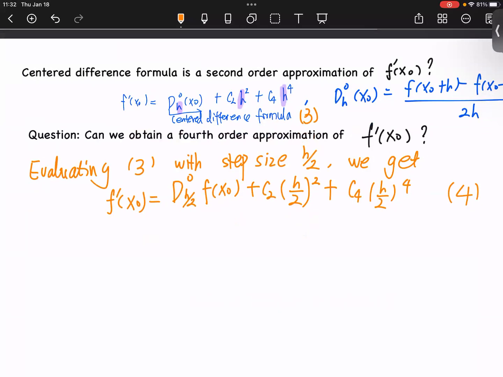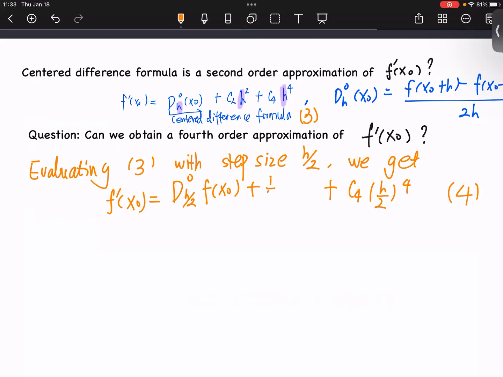And now, if we want to get the order four term, let us simplify these fractions a little bit, because (1/2)^2 is just 1/4. So this is just 1/4.